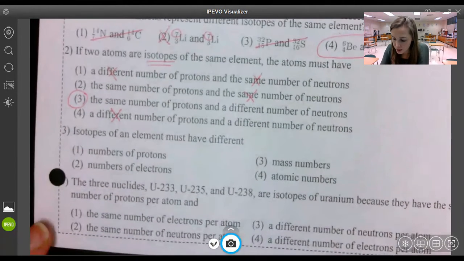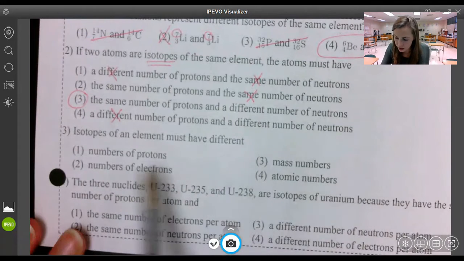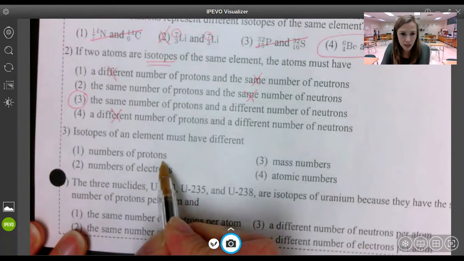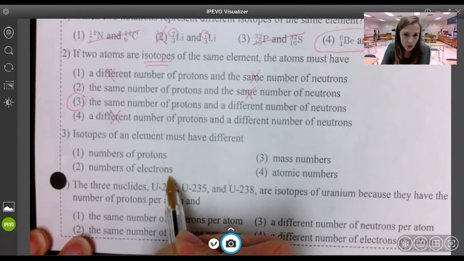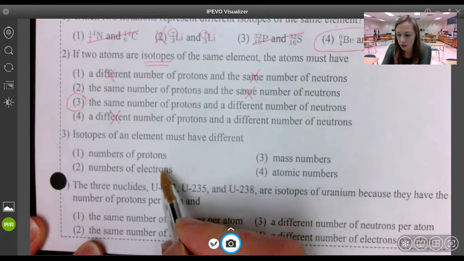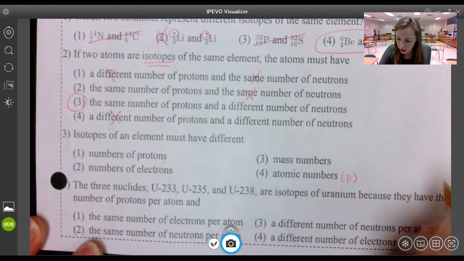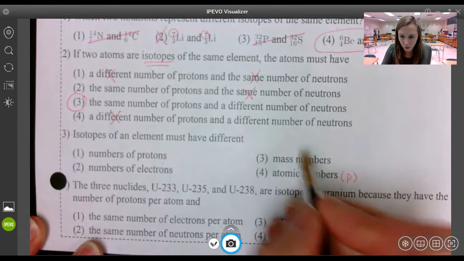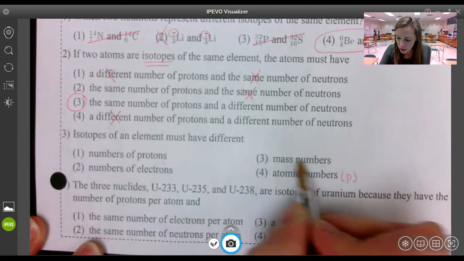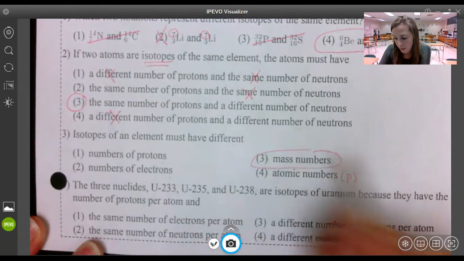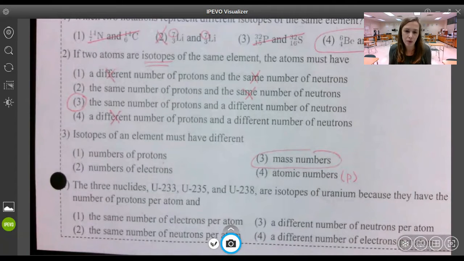Number 3: isotopes of an element must have different what? Well, they have to have the same protons. Electrons we haven't talked about, and we'll deal with that in a later unit. Atomic number is your protons, so it can't be 4. Our best answer is that isotopes of an element must have different mass numbers, which goes back to the example we used with our oxygens.